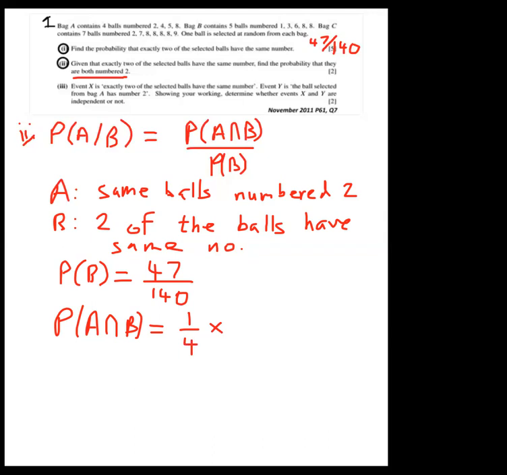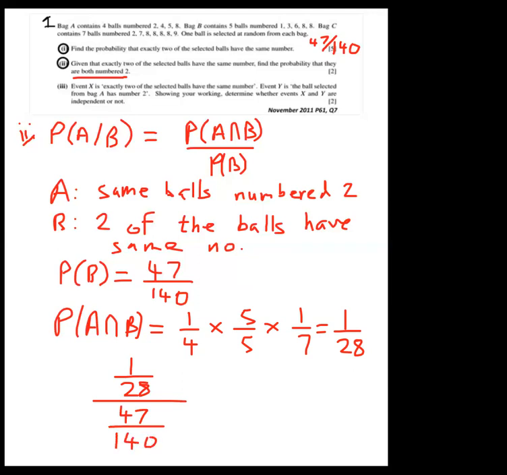From bag B there has to be any number except 2, so it's 5 upon 5 because all are not 2. And from C it has to be 2, there is 1 two out of 7, so 1 upon 7. This is 1 over 28. So using the formula, the probability of the answer that we would find will be probability A intersection B upon B. So 1 upon 28 upon 47 upon 140.